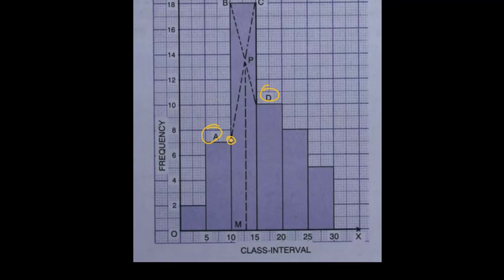From the rectangle take the left corner, and from there you draw a dotted line which intersects at this point C. So a diagonal line you have to draw. Similarly from this point D, you have to draw a line which will intersect at point B. So this is your second stage.